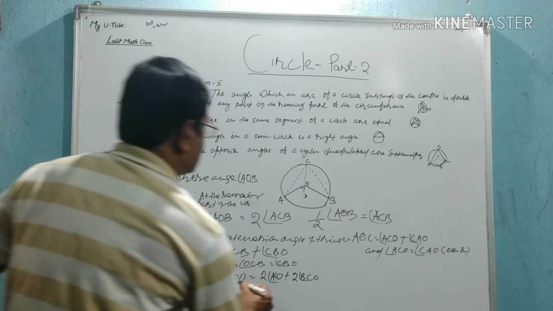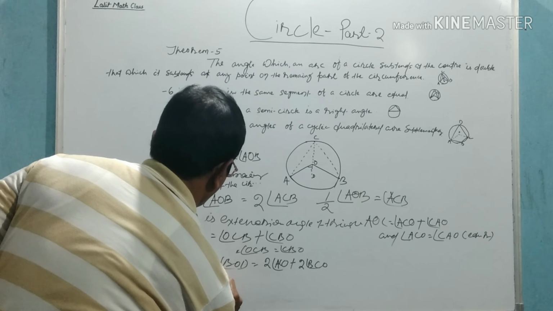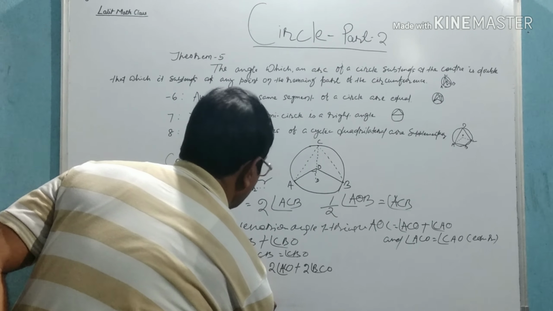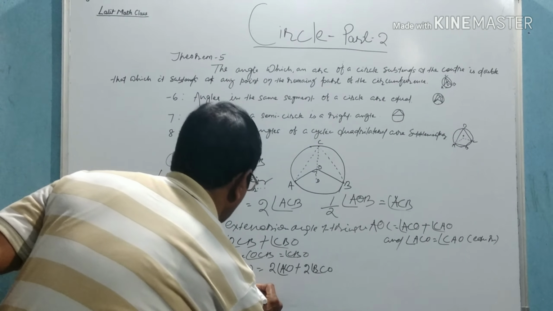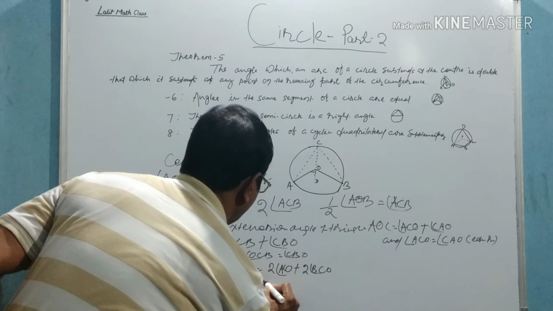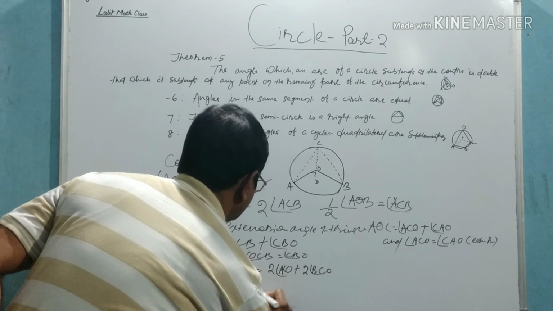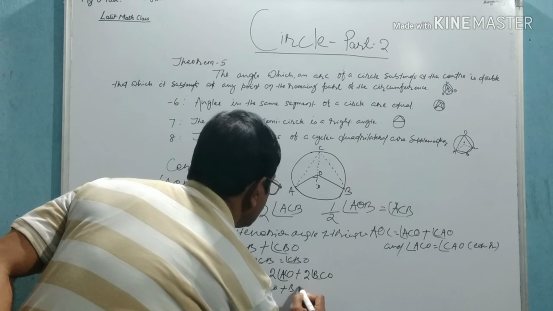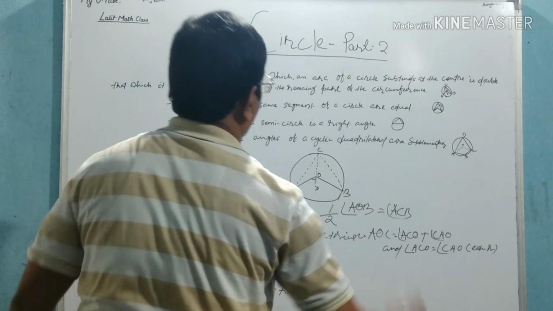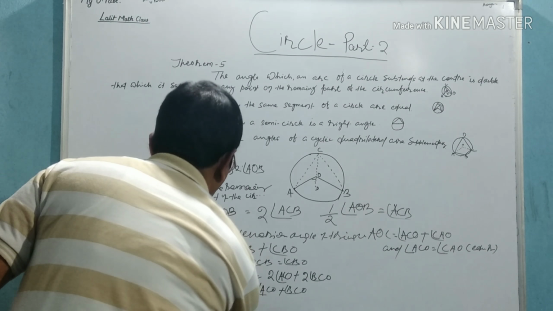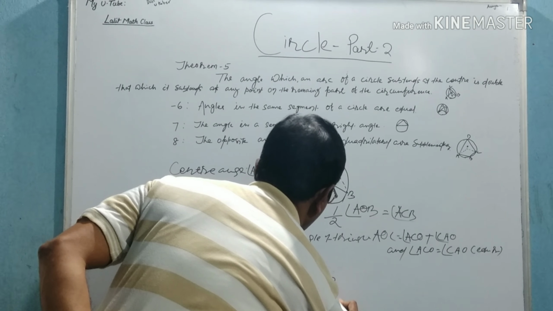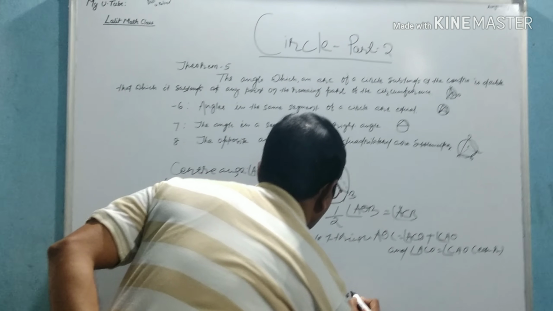So finally we can see that angle AOB is equal to, if we take 2 common, 2 times the sum of angle ACO and angle BCO, which equals 2 times angle ACB.